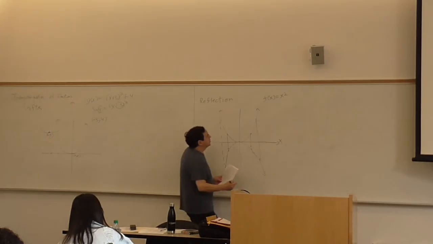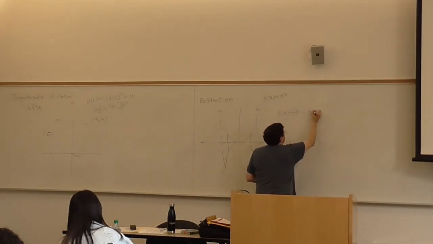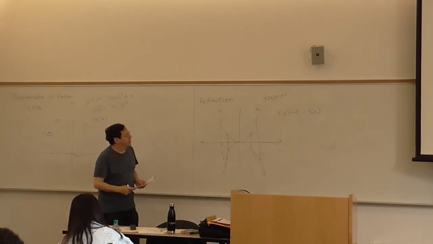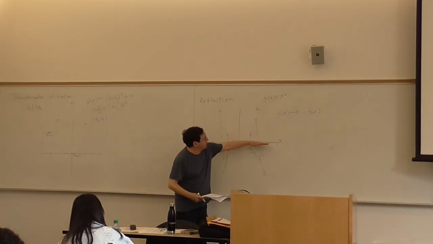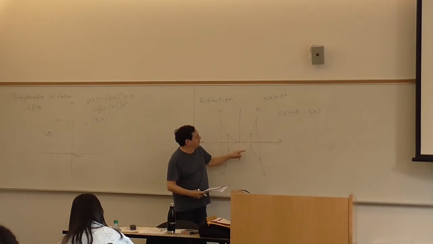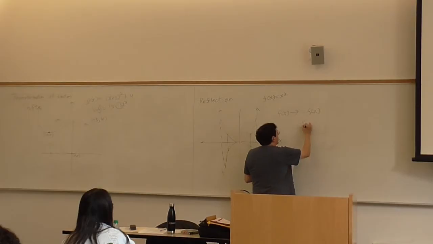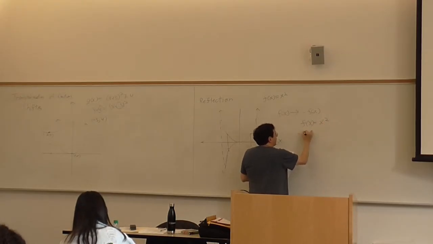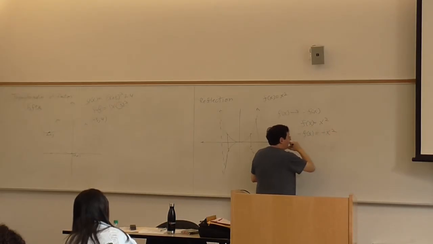Well, we transform f of x to negative f of x, and that's exactly what we're doing here. Each of these points gets reflected across the x-axis downwards.